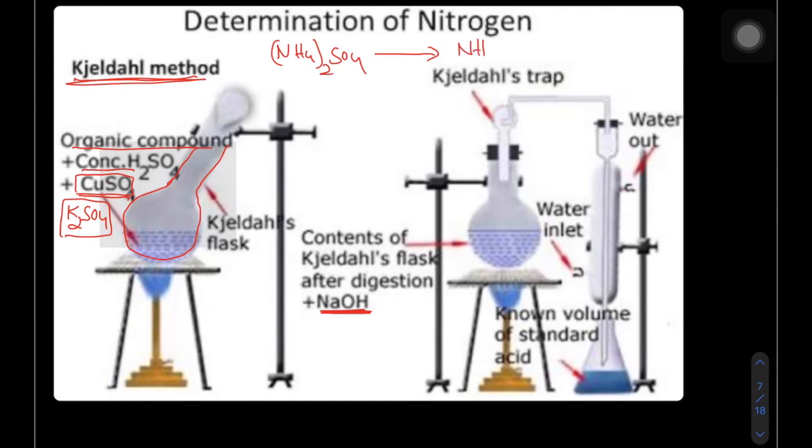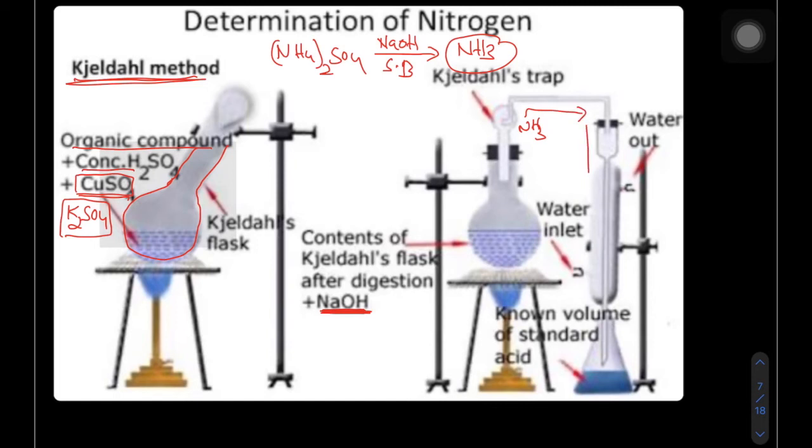must first be converted into free ammonia gas. How? By treating with a strong base, that is NaOH. So that's why we are heating with NaOH. After heating this, what happens? Ammonia gas liberates. Which gas liberates? Ammonia gas.